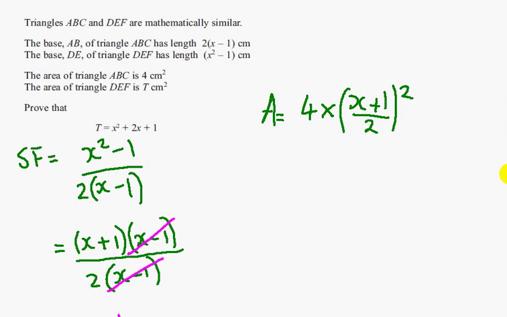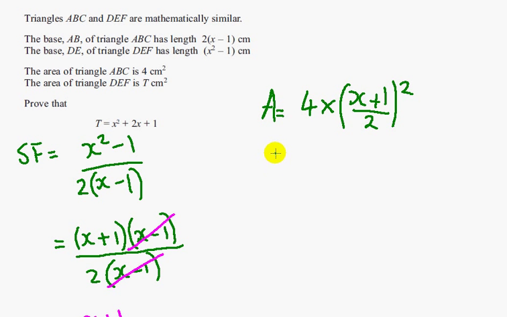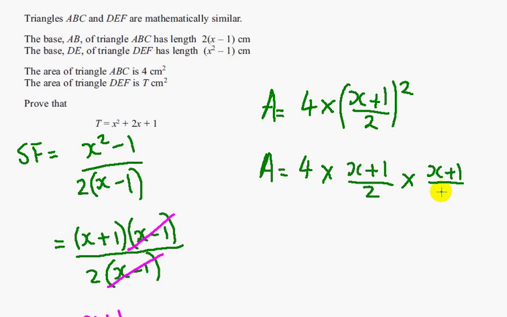Now that means A equals 4 times x plus 1 over 2, squared, one step at a time.